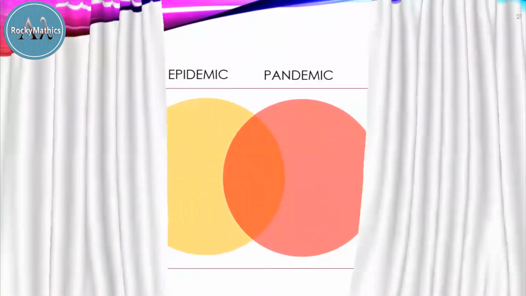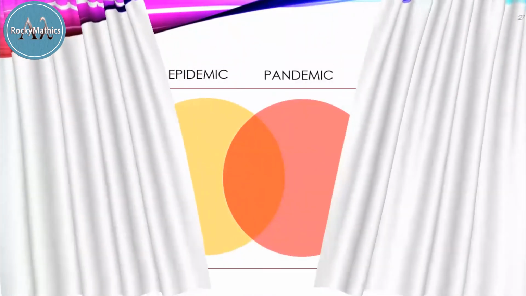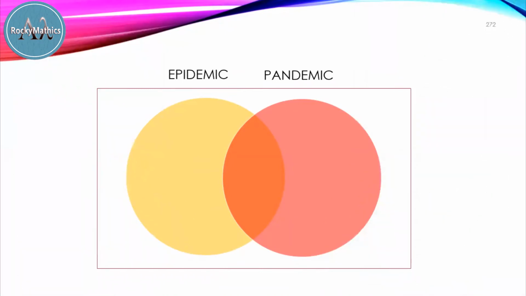Now, by the way, what's the difference between pandemic and epidemic? For the information of everybody, an epidemic affects a smaller number of people and it spreads across a wide area or region, and it affects more people than you would expect under normal conditions.